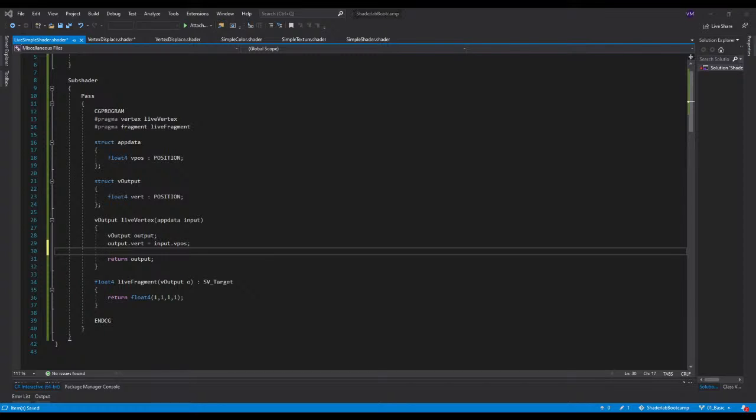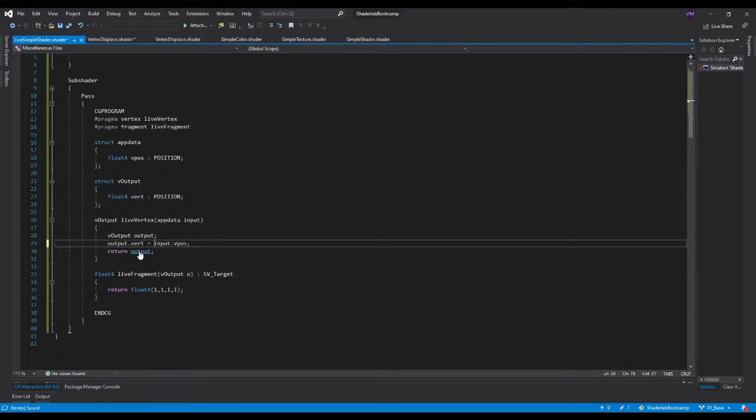All that we have to do is Unity provides a basic function called UnityObjectToClipPos. That means convert the position of that particular object from object space by applying a specific matrix to view space and then from view space by applying certain matrix to clip space.